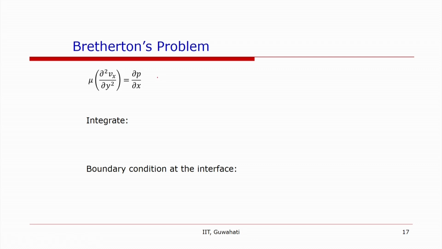We can write this as a total derivative. So dVx over dy is equal to 1 over mu dp over dx y plus C1. Now the boundary condition at the interface: this is the gas liquid interface.